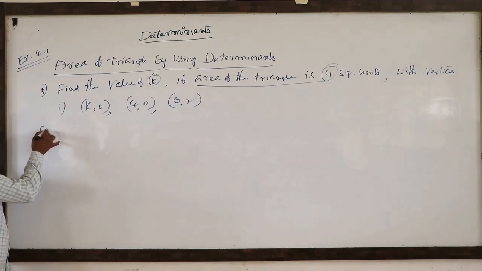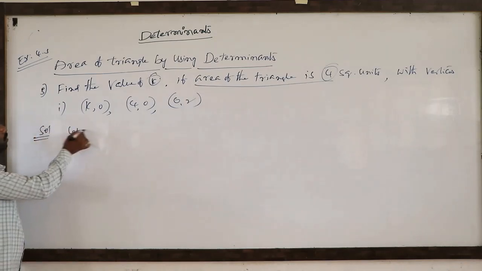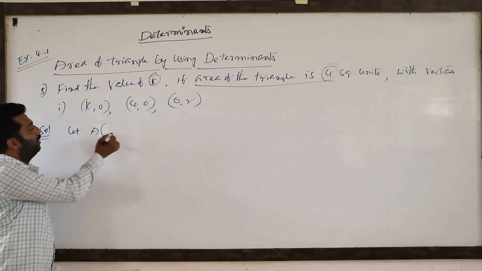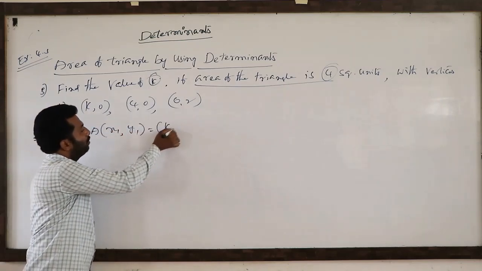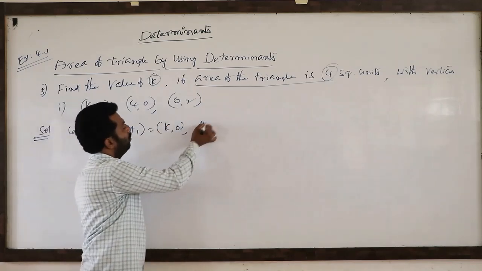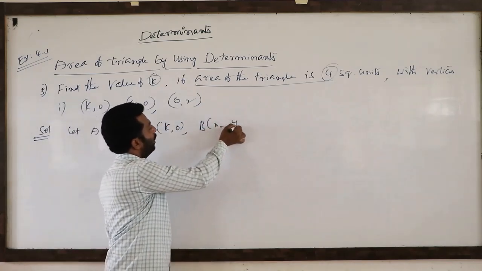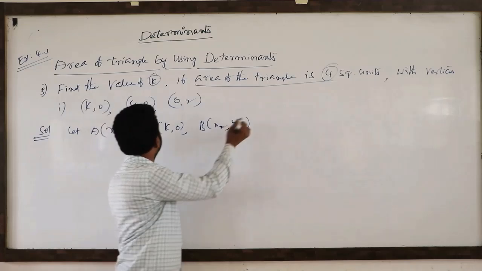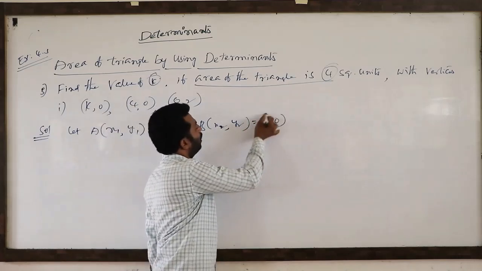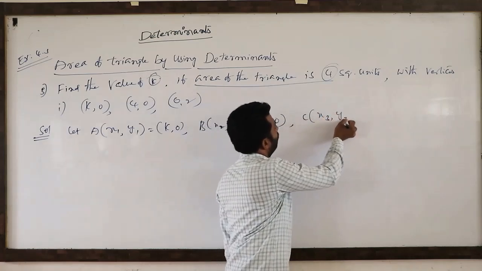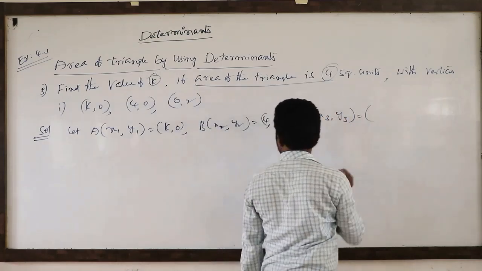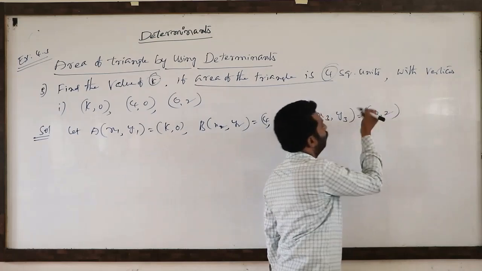In this question, we assume x1, y1 equal to k, 0; x2, y2 equal to 4, 0; x3, y3 equal to 0, 2.